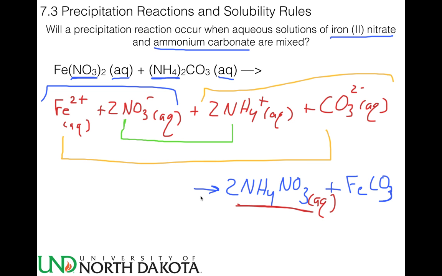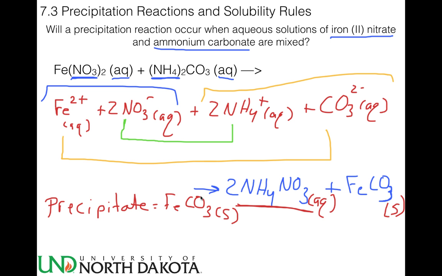There are exceptions to their solubility rules, namely the group 1A cations and ammonium. Iron does not fit that exception, and so we will have a solid, insoluble iron 2 carbonate. And so yes, a precipitation reaction will occur. The precipitate is iron 2 carbonate, because it's that solid that forms.